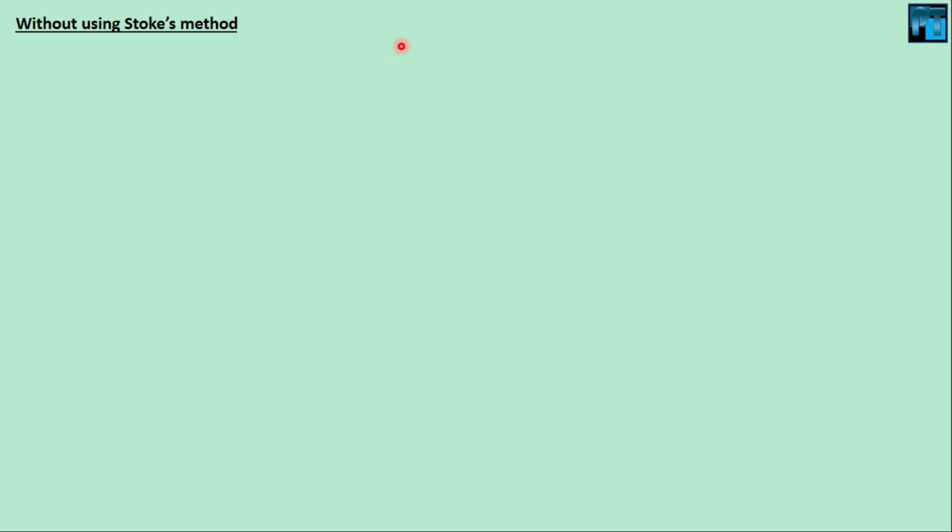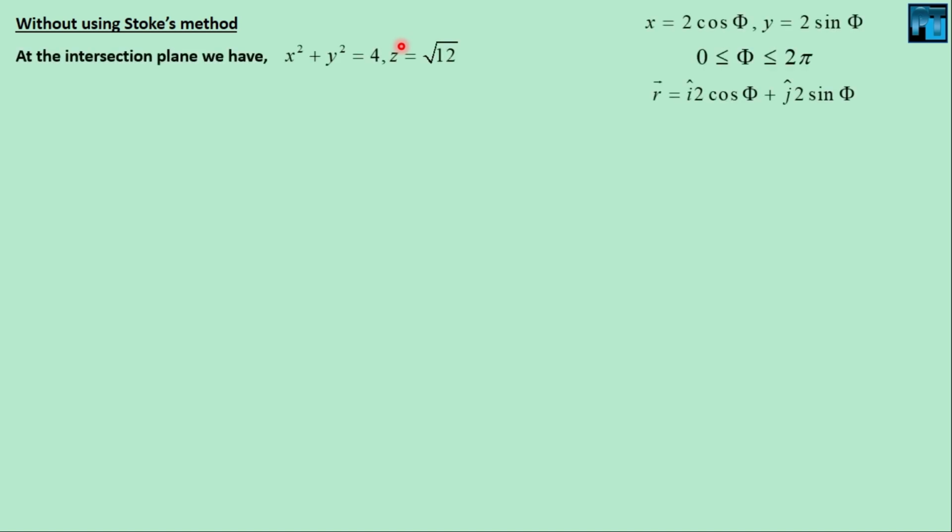Now this is without using Stokes' method. For that, we are left with all the previous parameters like z equal to root 2 and x equal to 2 cos phi, y equal to 2 sin phi, and all the other things are the same except the theorem.